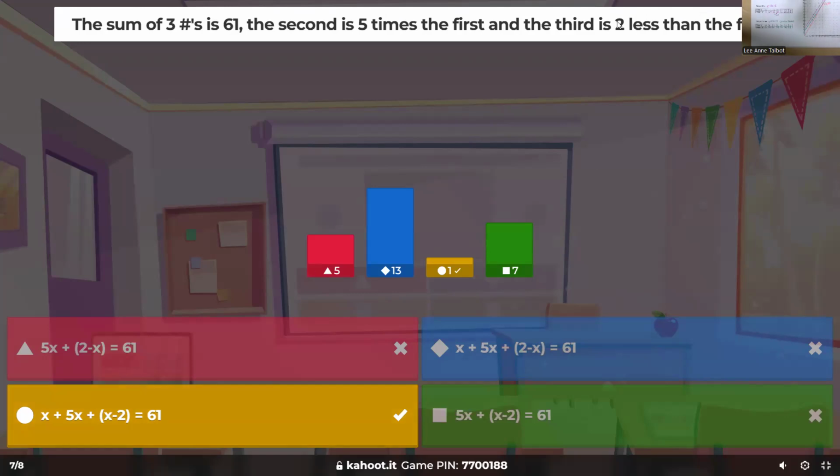So I said this a few times. When it's less than, it's subtraction and the number comes after.